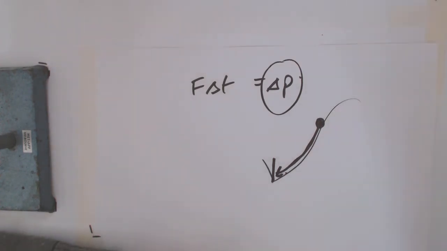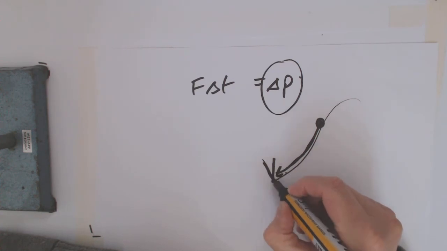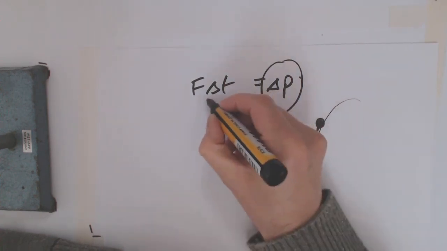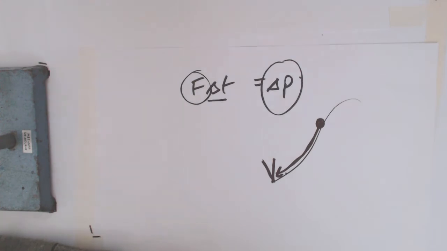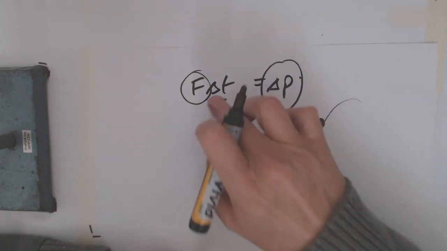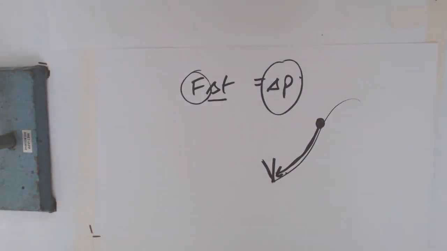It's all about velocity and mass, not going to change. But if the fence that gives to stop that block takes a little bit longer, then the force is going to be less. So the bigger force is when the collision is quicker, or the delta t is smaller.